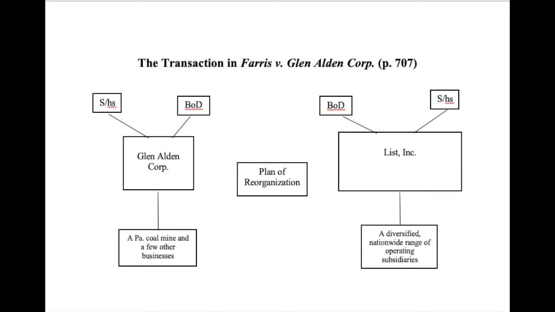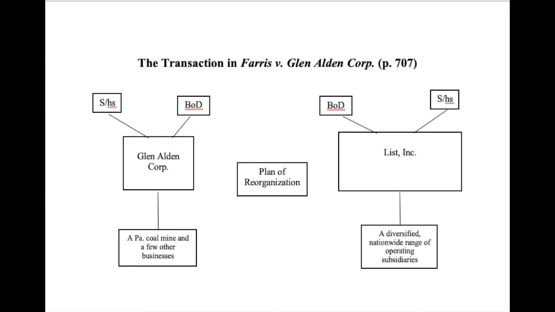What this was, even though on paper the transaction is structured as if Glen Alden is buying List, that is really, really not what happened here. For all practical purposes, List acquired Glen Alden. Okay, let me say that again.